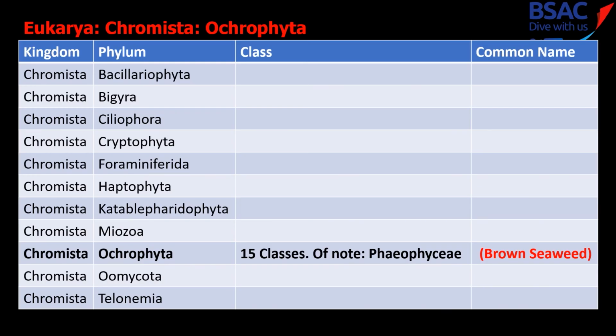Eukarya, Chromista, Ochrophyta. Ochrophyta is a phylum that contains Phaeophyceae, or brown algae. Brown algae has been classified in the kingdom of Chromista and not Plantae.